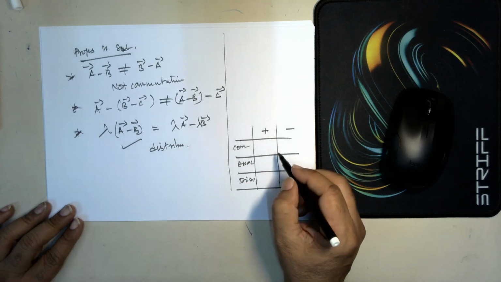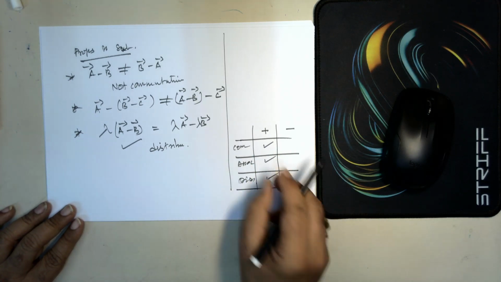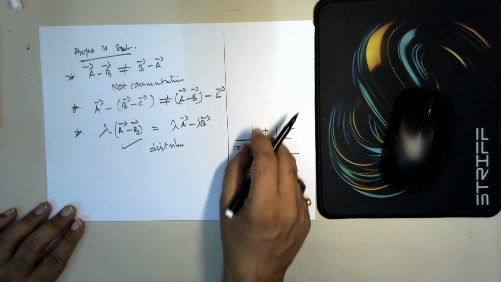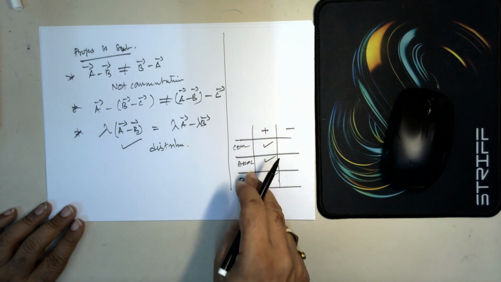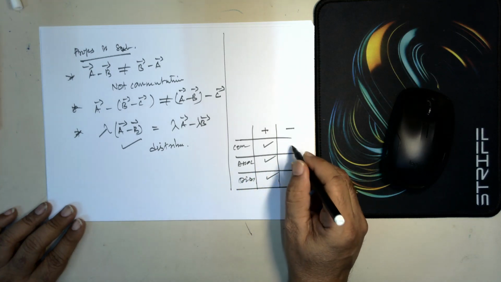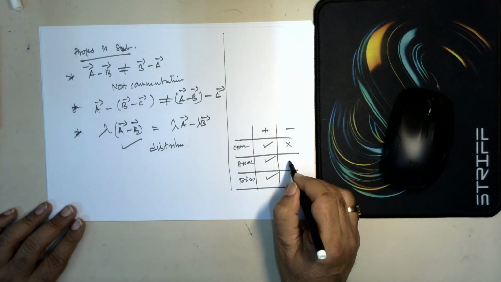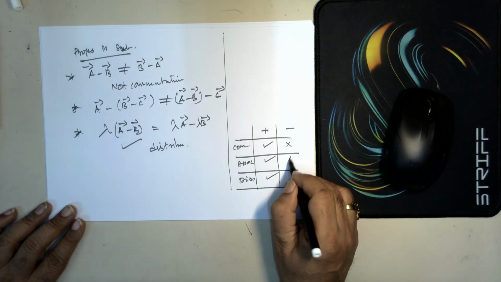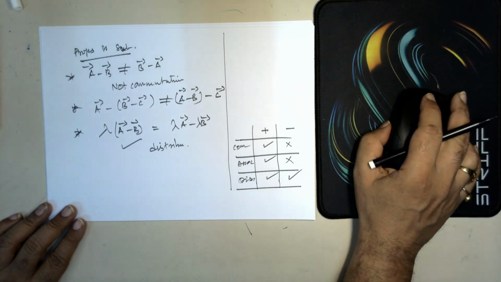Now tell me which is possible. Additive properties obey all three: commutative, associative, distributive. And what about the subtraction property? It is not commutative, not associative, but it is distributive, right?